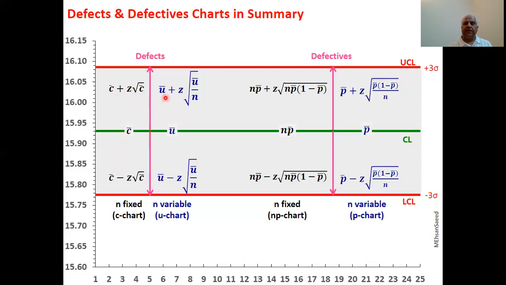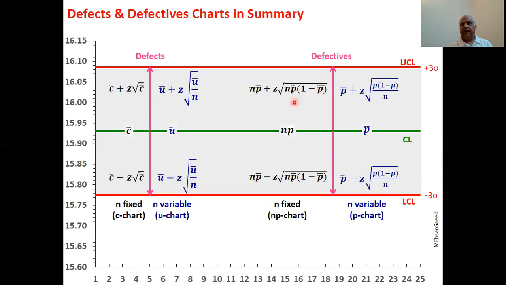If the sample size is variable, the formula is identical, except that the quantity under the root is divided by the sample size, which varies with each sample. Therefore, this n being different gives a different value of the upper control limit for every sample. And likewise, the same situation for the lower control limit.